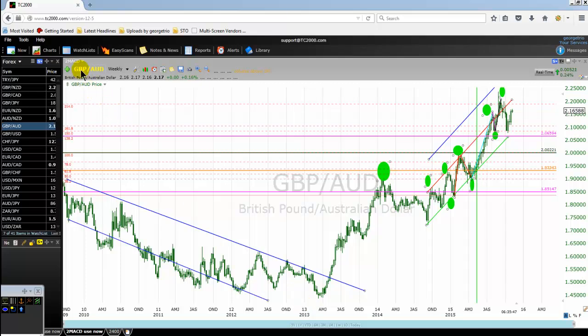Therefore, the pound was weakening against the Australian dollar. Talking about the currency pair, we are comparing the Australian dollar and the British pound. The British pound was weak in relation to the Australian dollar from 2008 to 2013. Therefore, this currency pair was bearish.